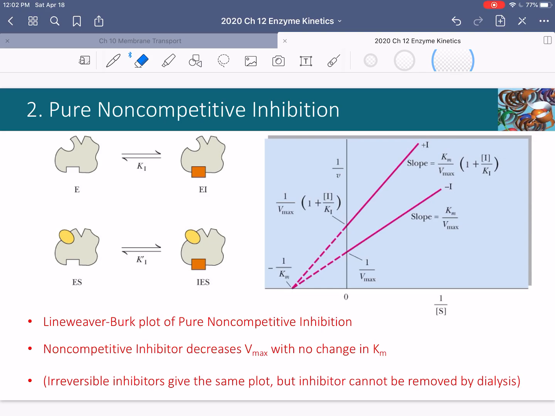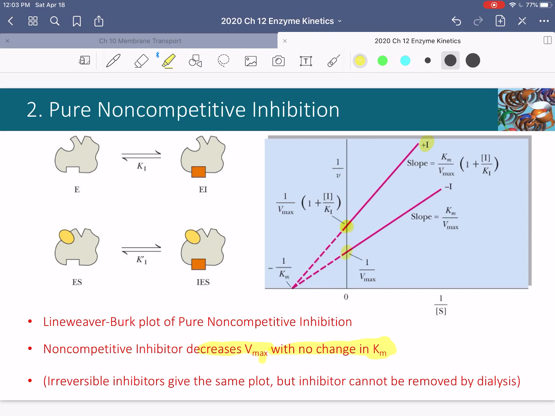So the Lineweaver-Burk plot of non-competitive inhibition is characterized by no change in Km, but a decrease in Vmax. Notice that in the presence of the inhibitor, 1 over V is increased, which means 1 over Vmax. This is 1 over Vmax, the intercept.